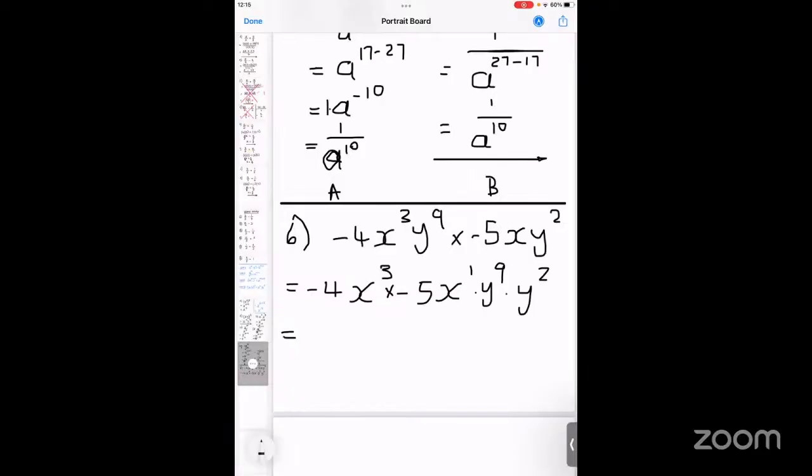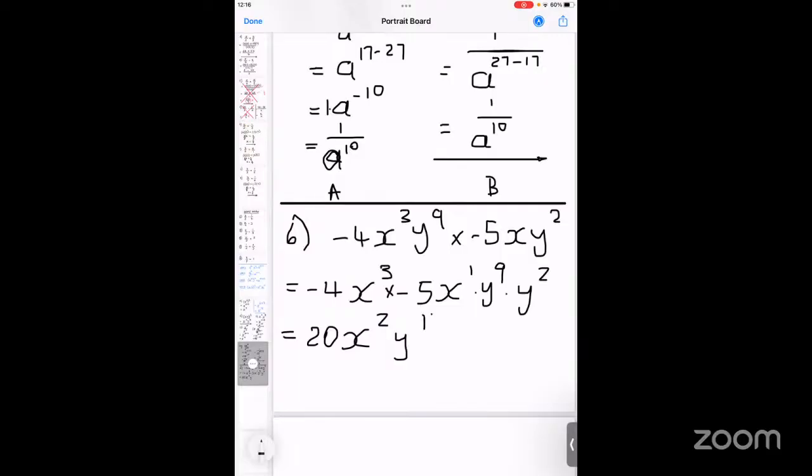And that is going to give you positive 20 x to the power of 2 and y to the power of 11.